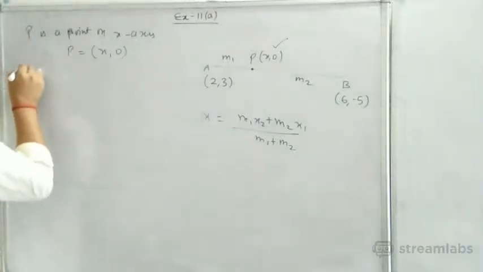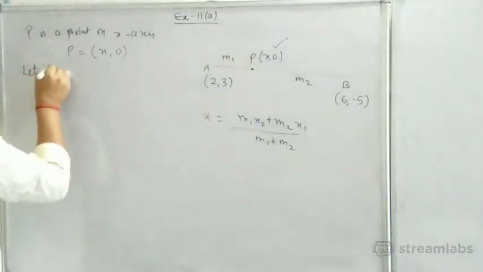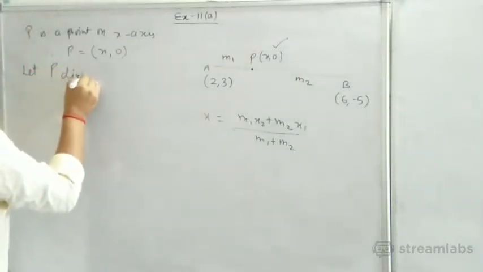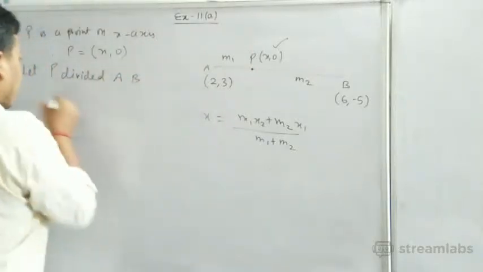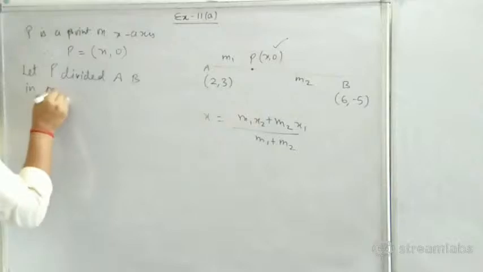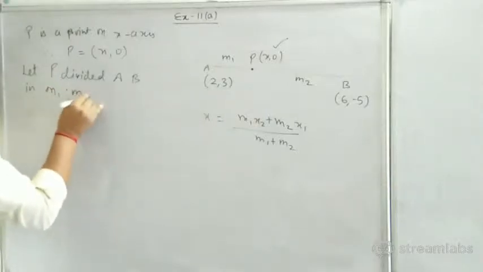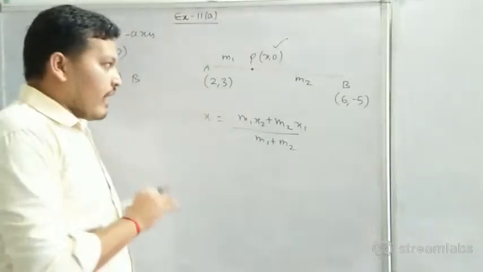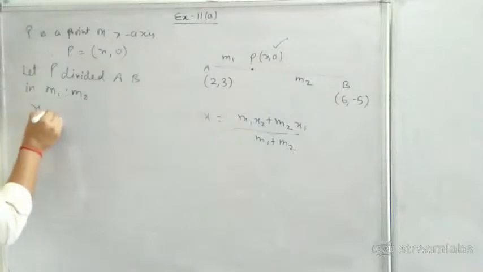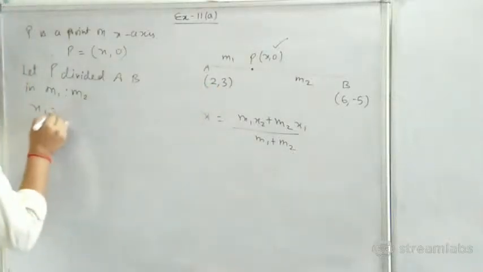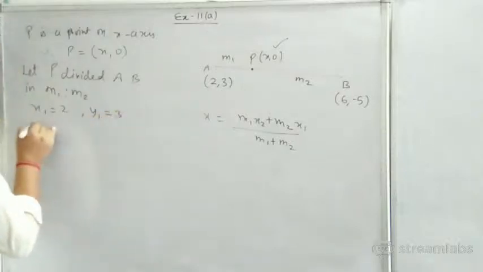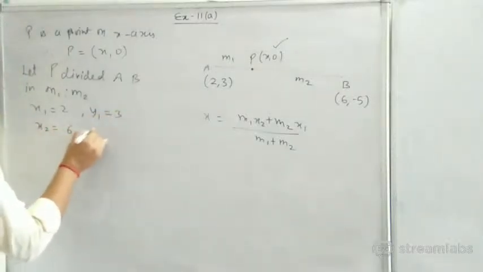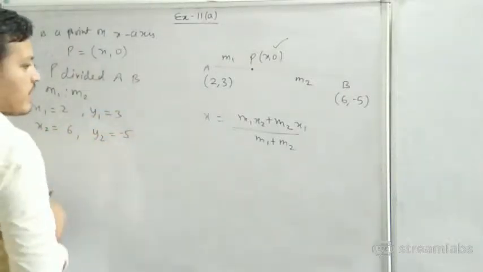Next, let P divide AB in the ratio M1 to M2. So x1 is equal to 2, y1 is equal to 3, x2 is equal to 6 and y2 is equal to minus 5.